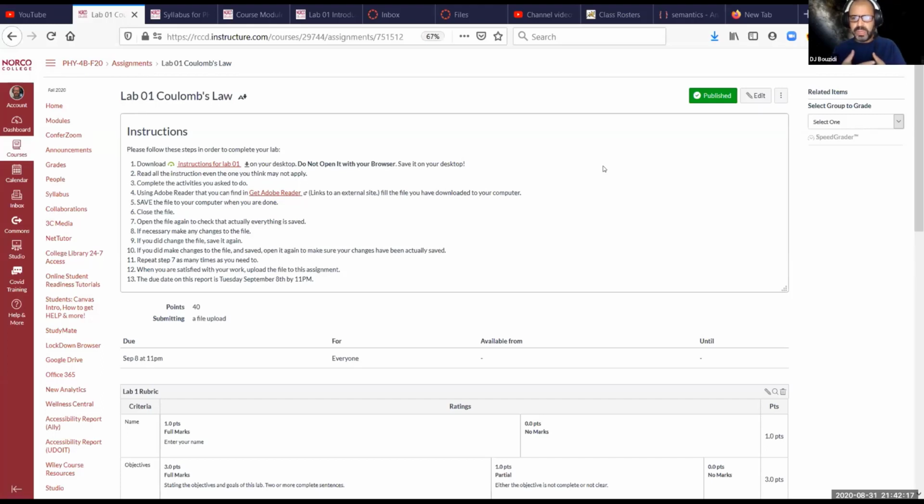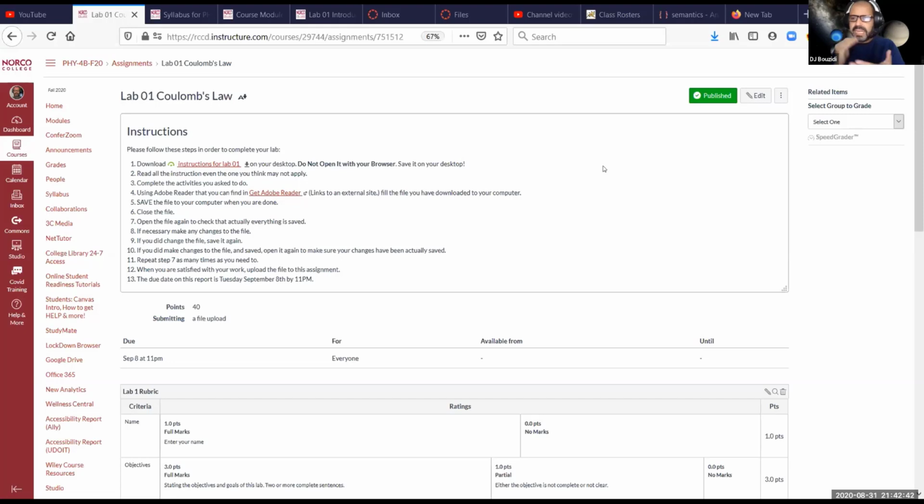Try to understand what this topic is talking about, because at some point you're going to formulate a hypothesis, so you need to gather that background information and really understand what's going on. Get the reader if you don't have it. If you have it, skip that step. Save the file on your computer when you're done.